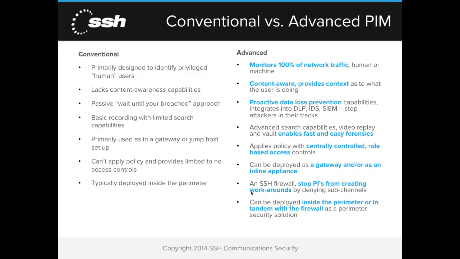Most of these, though, aren't really content aware. Sometimes they have some content aware capabilities. Sometimes those are quite kludgy, which you might imagine with a previous generation architecture approach. They don't provide much by way of basic recording. It's just basic, limited search capabilities, so it's harder to do forensics on that.